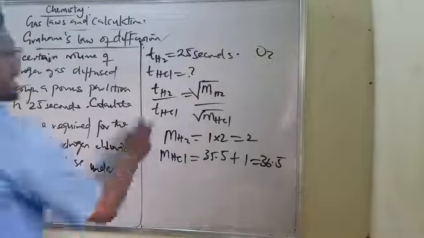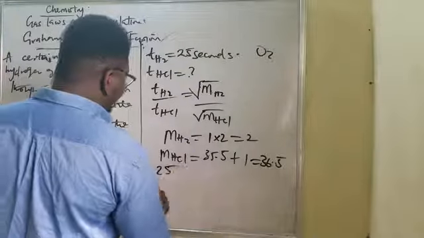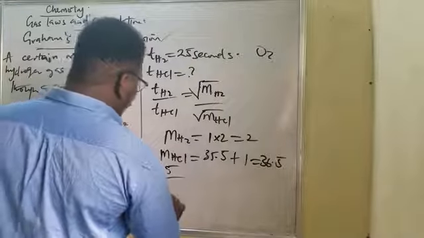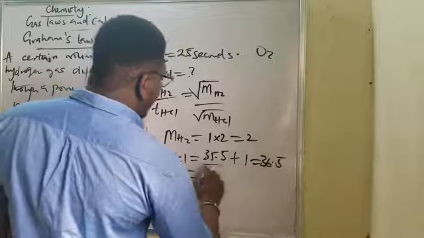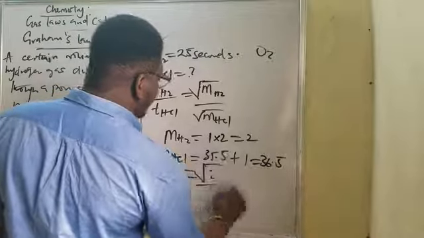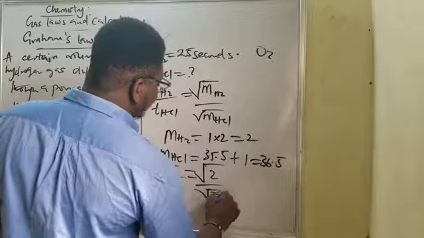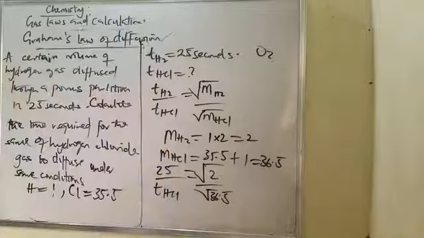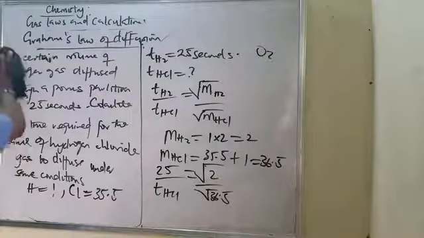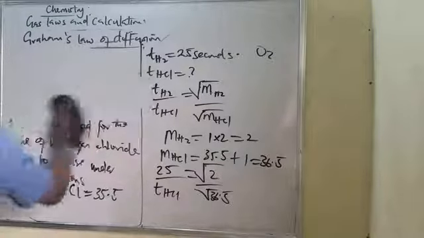So we say that our time for this is 25 seconds, all over T HCl, equals the square root of 2 over the square root of 36.5. I believe we can solve this mathematically by squaring both sides.